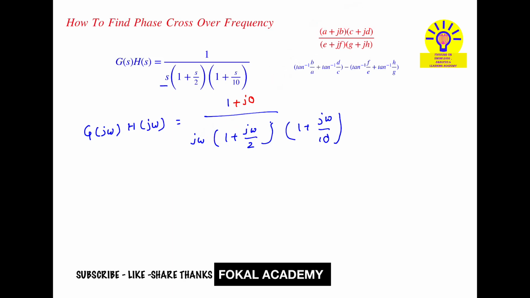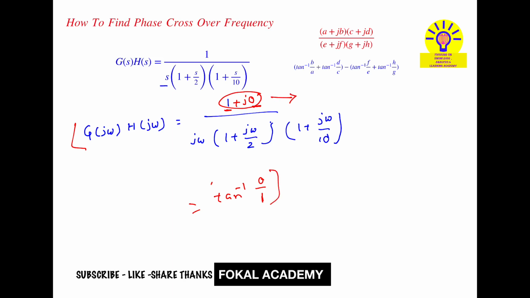Now we can easily find the phase angle. For the numerator, the complex part is 0 and the real part is 1, so it is tan inverse of complex part by real part, that is 0 by 1. There are no more complex numbers in the numerator.